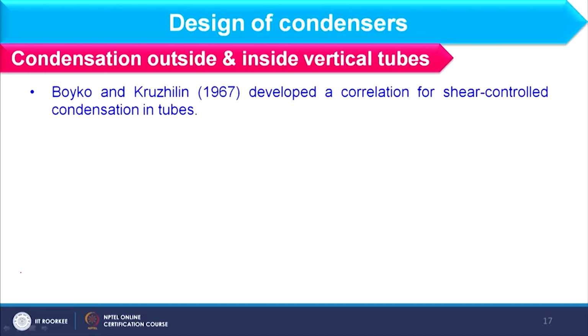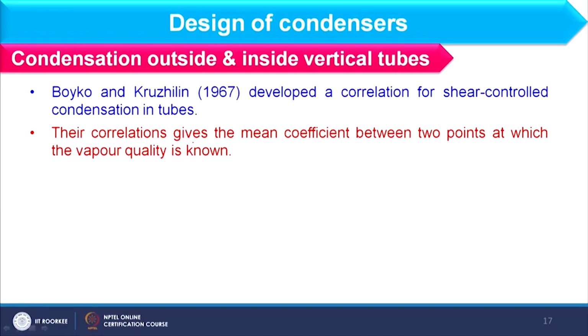Now, next we have another correlation which is given by Boyko and Kruzhilin, and which is applicable to find the heat transfer coefficient inside the vertical tube, okay. So for inside you can use this equation as well as the graph we discussed in the last slide, right.